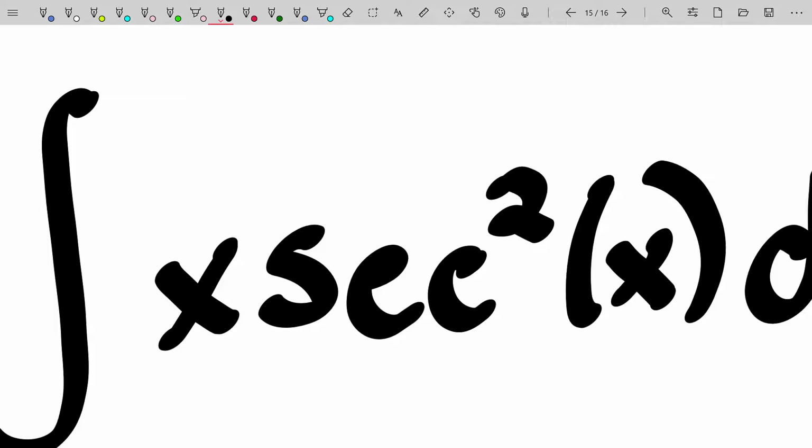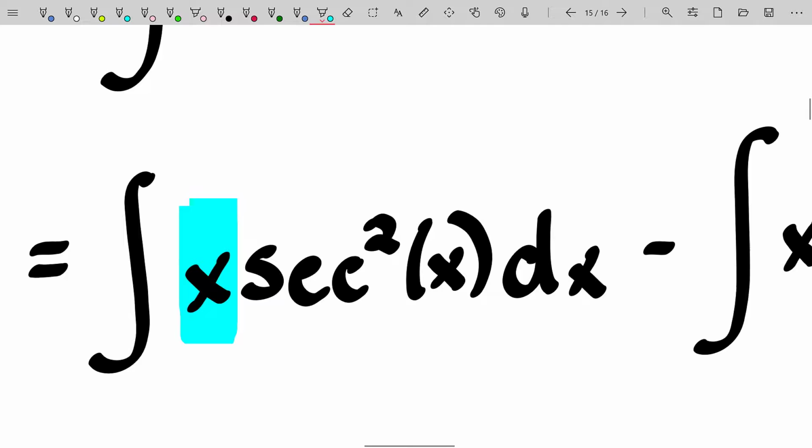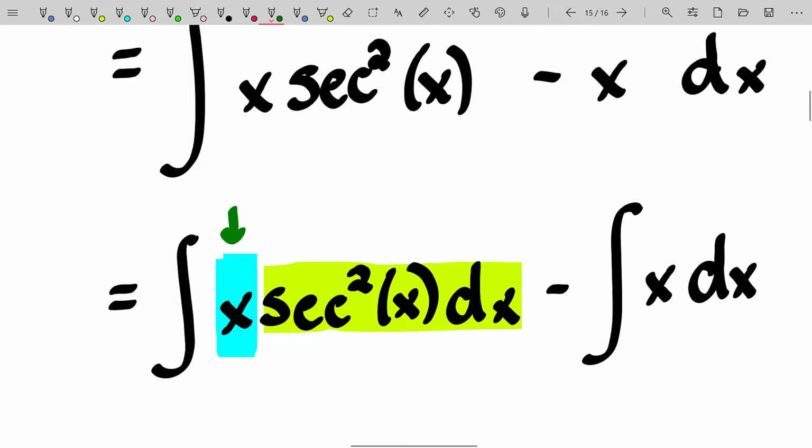And as my advice said earlier, if you can integrate both factors, then switch gears and choose one of the factors to differentiate. And that one will be the one that will eventually change forms. So if I choose to differentiate x and integrate secant squared of x dx, then all should be good.